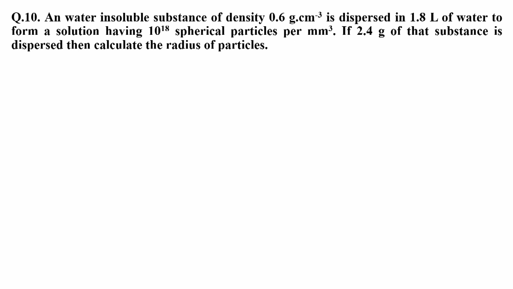Next we discuss problem number 10. It says a water insoluble substance of density 0.6 gram per centimeter cube is dispersed in 1.8 liter of water to form a solution having 10 to the 18 spherical particles per millimeter cube. If 2.4 gram of that substance is dispersed, then calculate the radius of the particle.